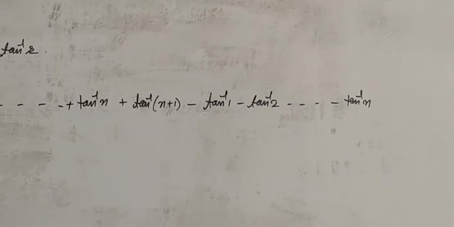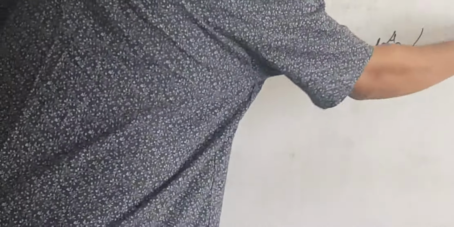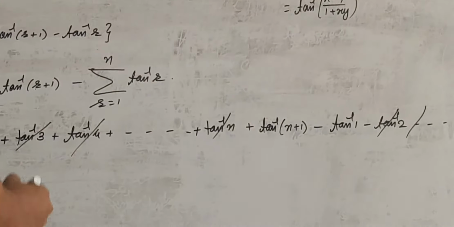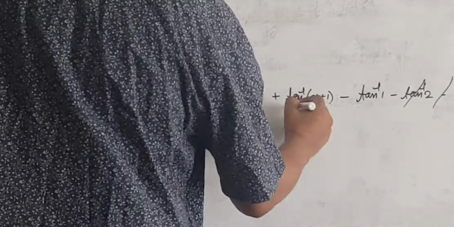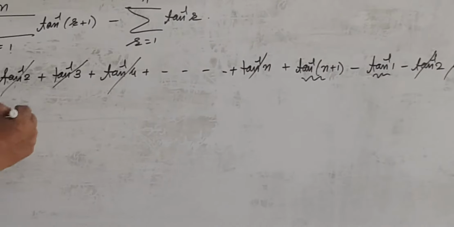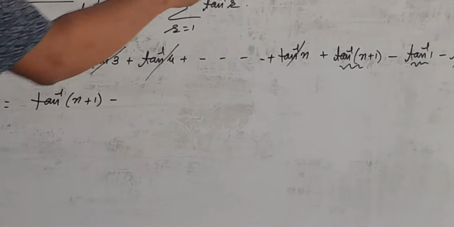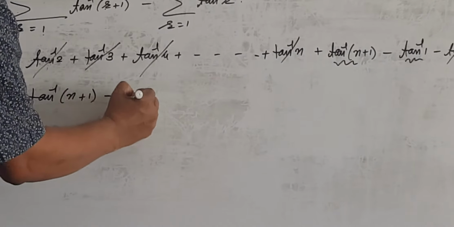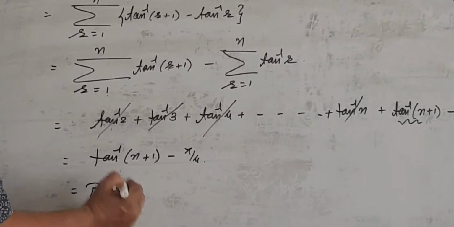You can see this tan inverse 2 cancels, tan inverse 3, 4, all cancel, tan inverse n also cancels. You will get only two things, one extreme maximum and one extreme minimum. Now we keep the value there also, so it is tan inverse (n plus 1) minus tan inverse 1, which is nothing but pi by 4, and that we can see is RHS.